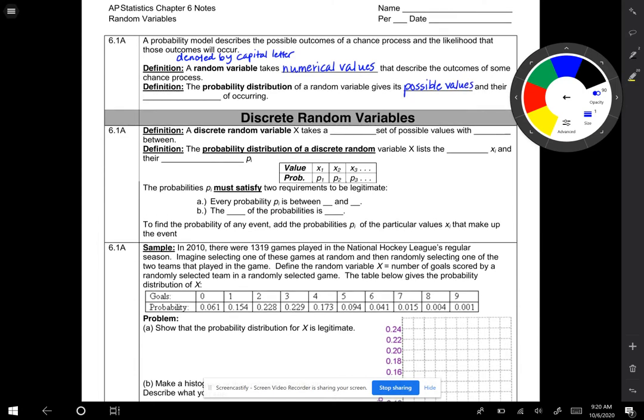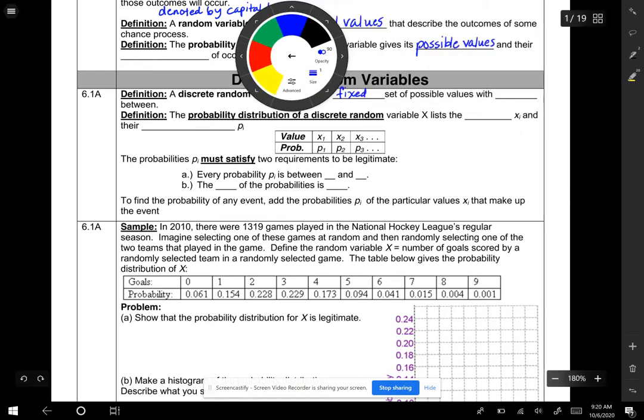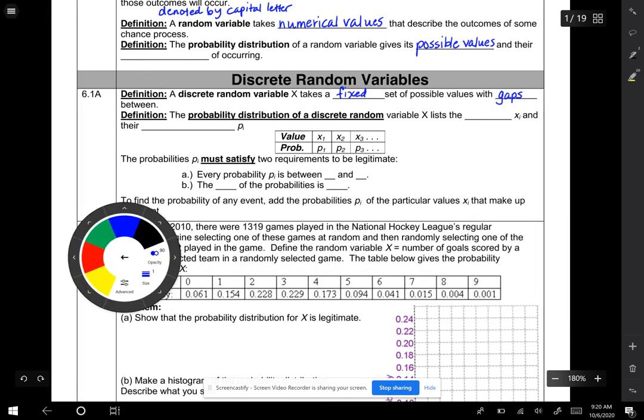So here's the discrete random variables, and that table is a probability distribution. It gives you each of the values for your x and then what the probability is for each one. A discrete random variable, x, like I said, is denoted by a capital letter, and takes a fixed set of possible values with gaps between. The thing to remember about a discrete random variable is it's a variable that's countable.